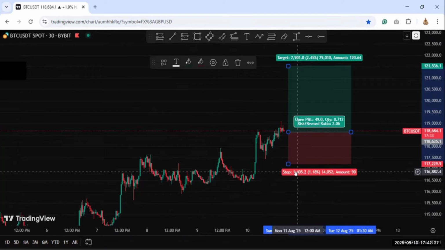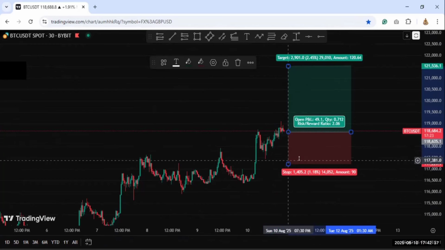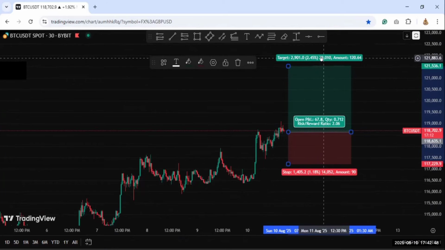But if you care about the decimal numbers, then the calculation is different, and I am going to show you. If you are still going to use this tool, then this is your pips. So if the decimal number is significant for you in your calculation, your pips will be 29,000 pips instead of 2,901 pips.